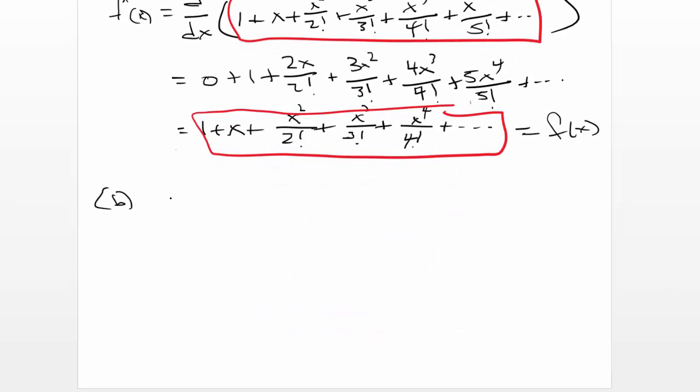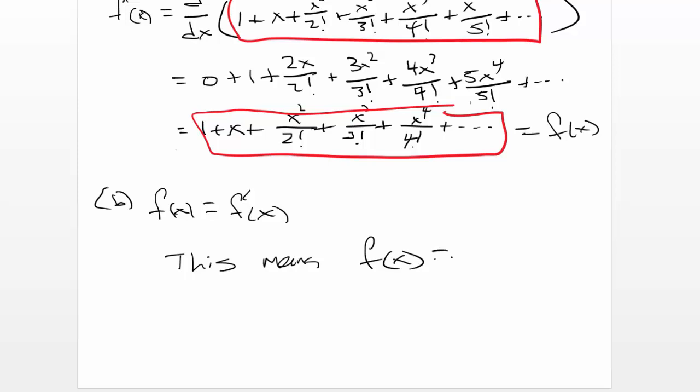Put that together to answer part B. What is a common name for a function that is equal to its derivative? And this is exactly the property that this function has, and therefore it is the same as e to the x.